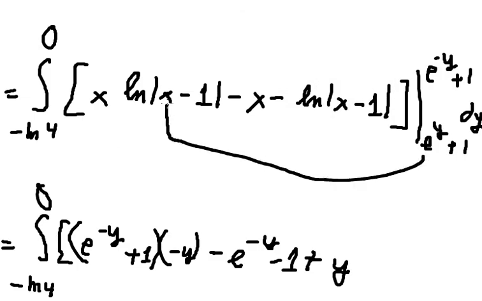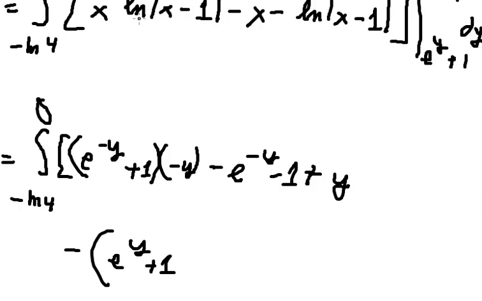So this one I will put in here. 1 minus 1 we cancel and we have ln of e to the power of y. So we have y in here. So I will put this one gone here. This one gone here. We have negative y.